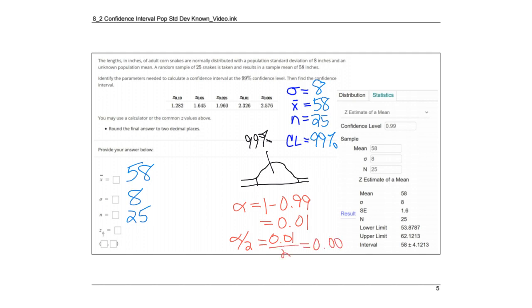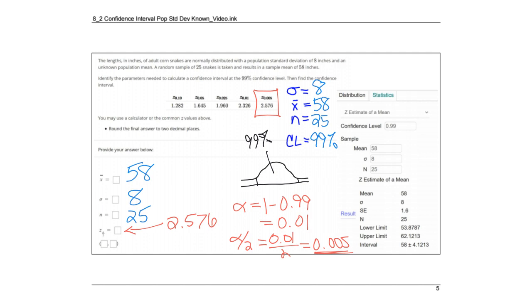That gives me this teeny tiny bit. It's going to be 0.5% is my alpha over 2. So if I come to the table, the z value for 0.005 is 2.576. And they do want all 3 of those decimals, even though they say you're going to round to 2 decimal places. That's for the final answer.